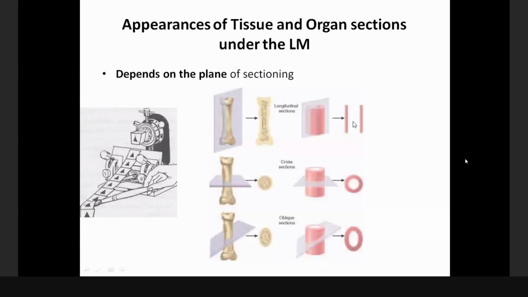We are only going to bring any one of these three slices, so you have to know how these were cut. You see, the appearance of tissue under the microscope depends on the plane of sectioning, so you have to know how these were prepared.